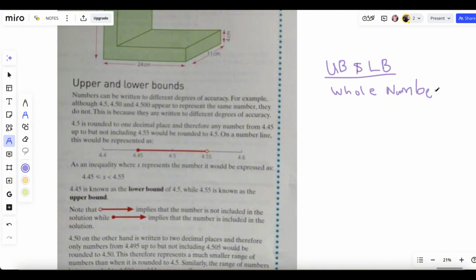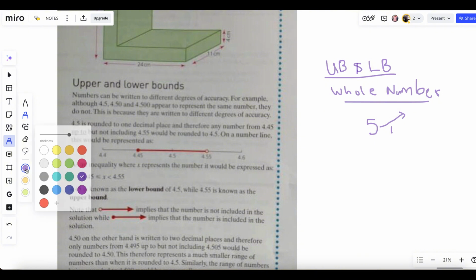They say find the upper bound of 5. For every whole number, not only 5, whether they say 100, 1000, 555, 774, any whole number, the trick is, if you want to find the upper bound, you add 0.5.